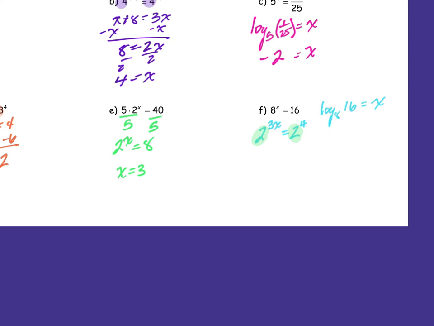There we go. That's better. Okay. So this would be 3x equals 4. Divide by 3, and x equals 4/3. Okay? Is there any questions on any of those?